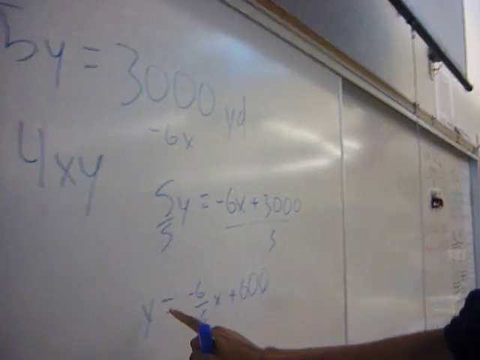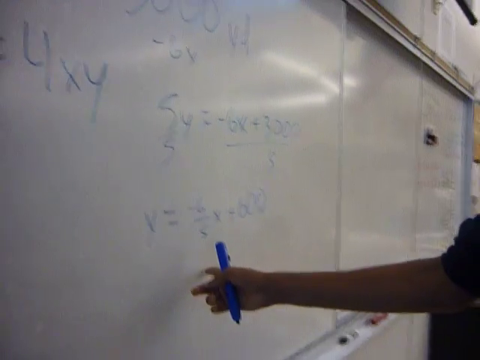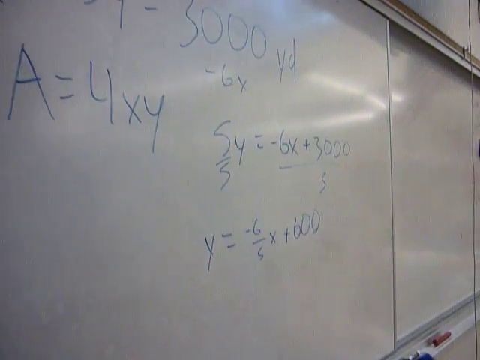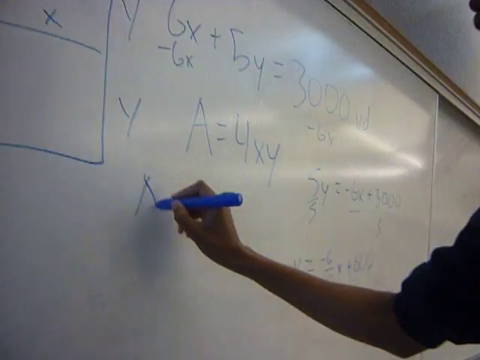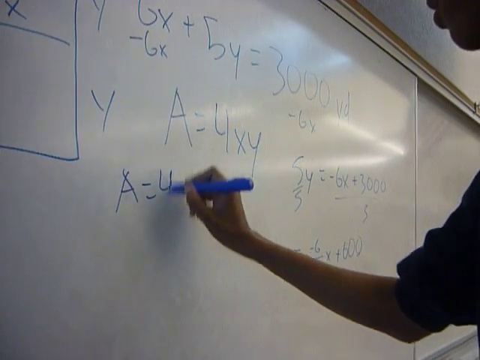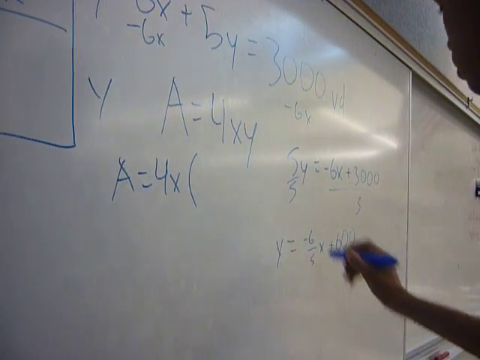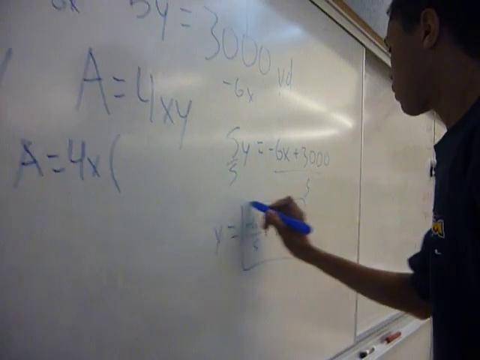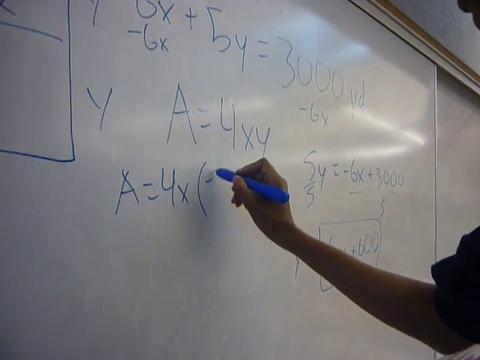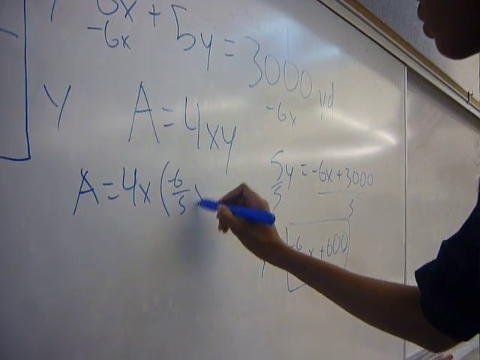And then what you do is you plug this y into here. So your area would equal 4x times basically all of this, so negative 6 over 5 x.